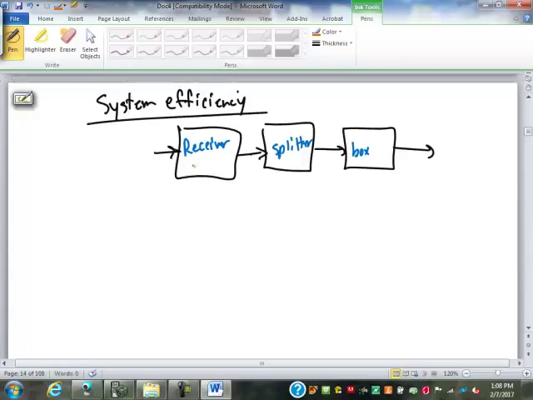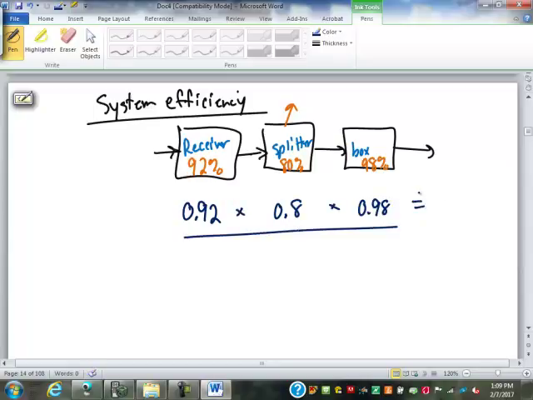Let's say your receiver is 92% efficient. The splitter, obviously, you're sending the signal in 2 different directions. Let's say that is 80% efficient, or you're going to have an 80% transmission. And your box over here is going to be 98% efficient. To get the system efficiency here, you convert those percents to decimals, and you can simply multiply your efficiencies together.